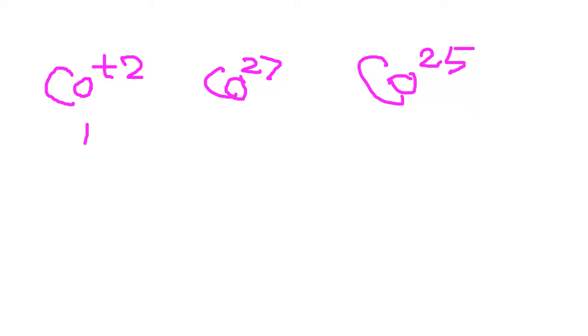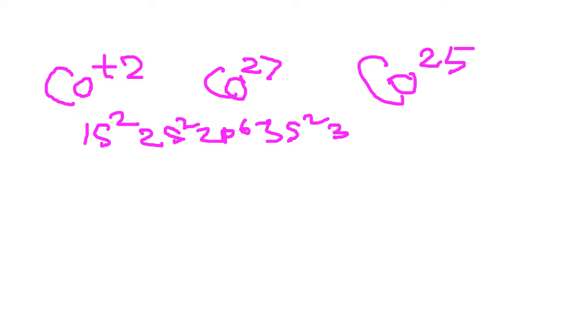So 1s2, 2s2, 2p6, 3s2, 3p6. First count how many we have here. 4, 10, 12, 18. We have 25. So we have to go 4s2, and I want to make sure that in the D level you have 1, 2, 3, 4, 5.